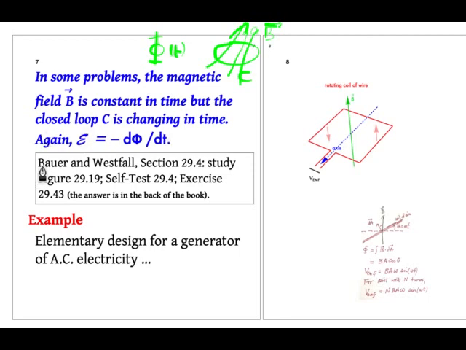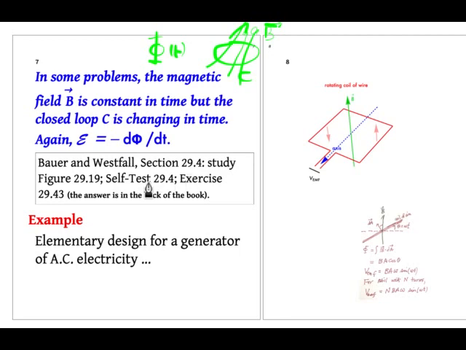This is in Bauer and Westphal, section 29.4. And a very good example of this is the design for a generator of AC electricity. That's explained in figure 29.19. There's a little group of questions called self-test 29.4.